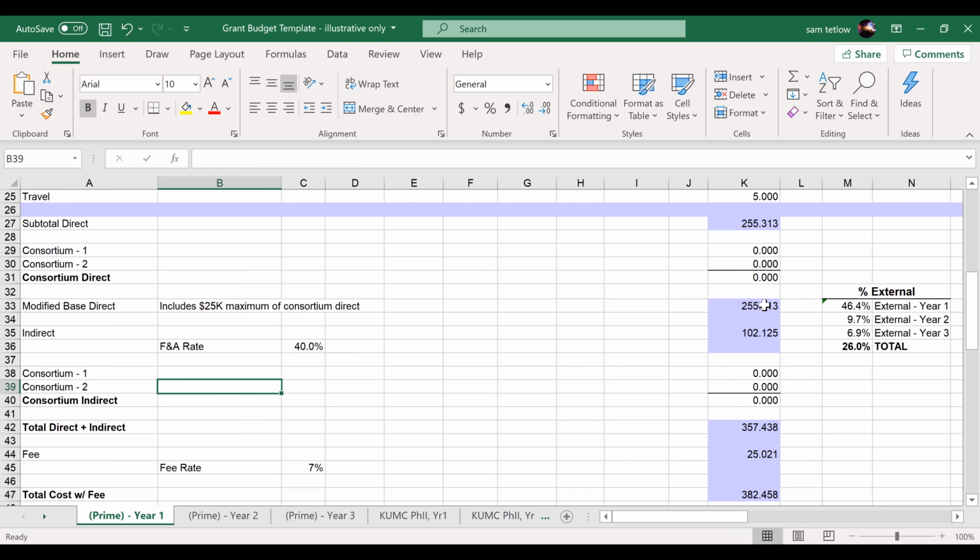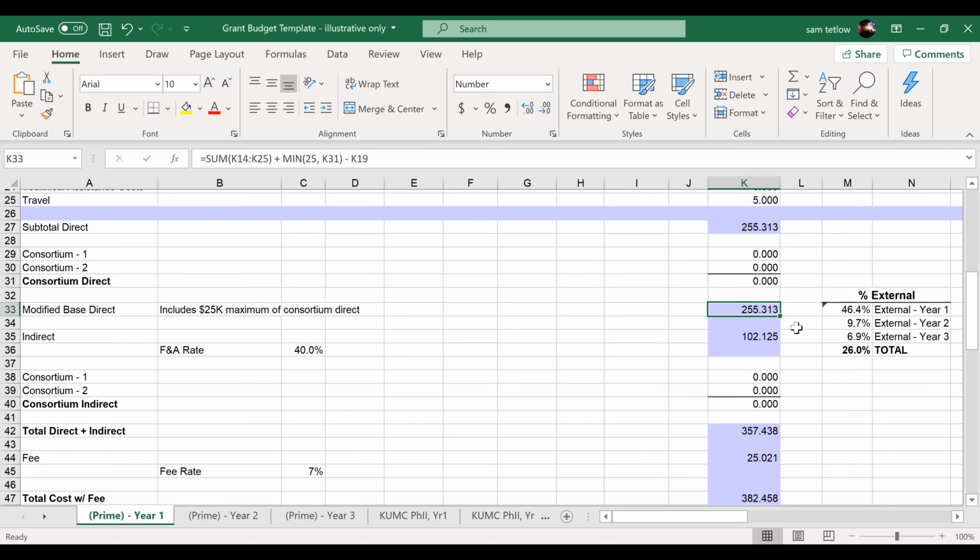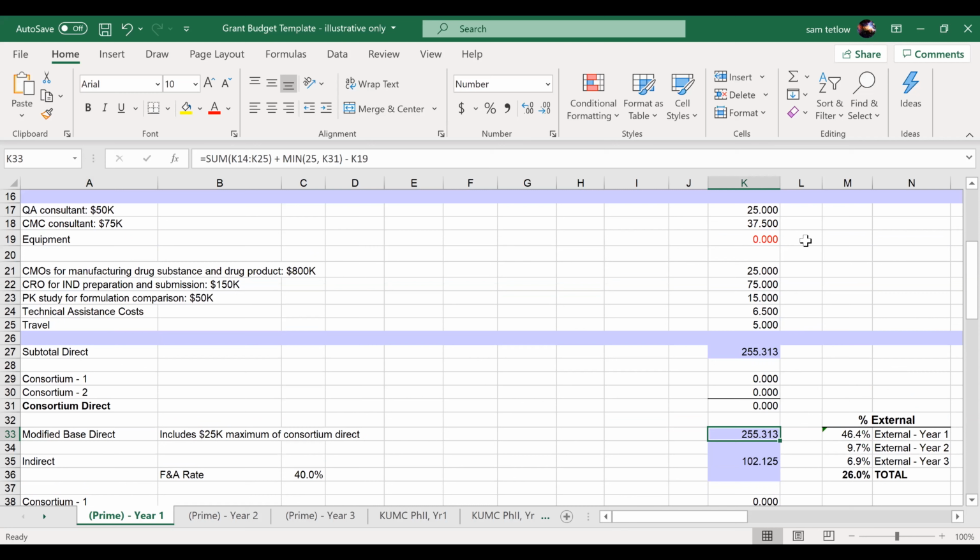But there's something called modified base direct, where you essentially take all of your direct cost and you subtract equipment and take only the first 25K of any consortium direct costs, and you calculate that as a basis or a pool of costs, if you will, upon which you apply your indirect rate here, 40%.